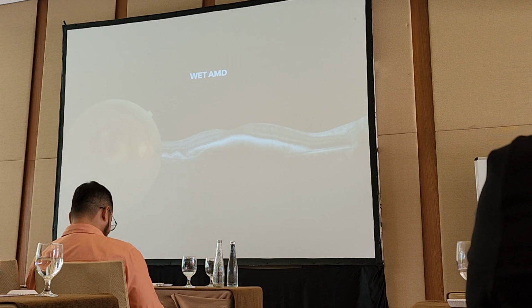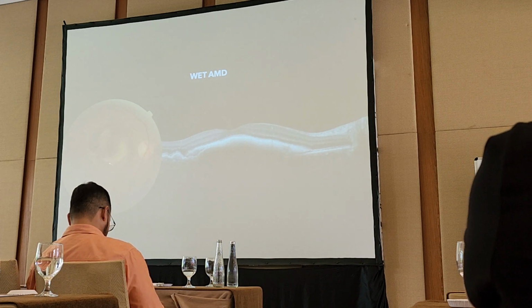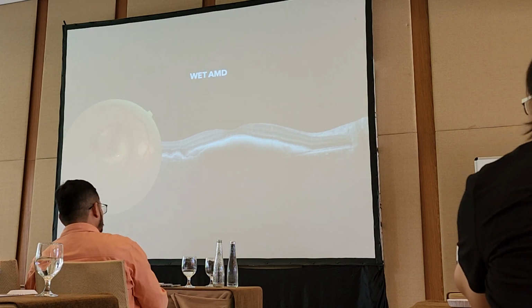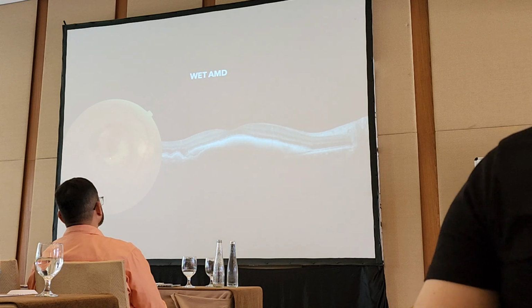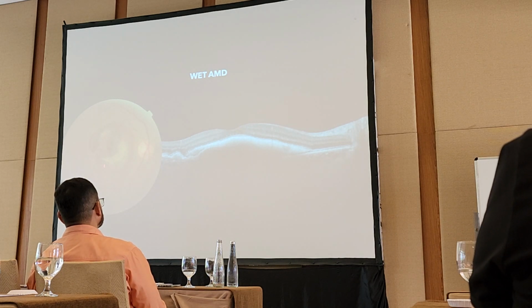What happened in wet AMD? You can see here that the choroidal neovascularization has abruptly made a subretinal hemorrhage over here, and then this white tissue over here is probably an old hemorrhage that has lost its heme, so it's only like a whitish lesion over here.